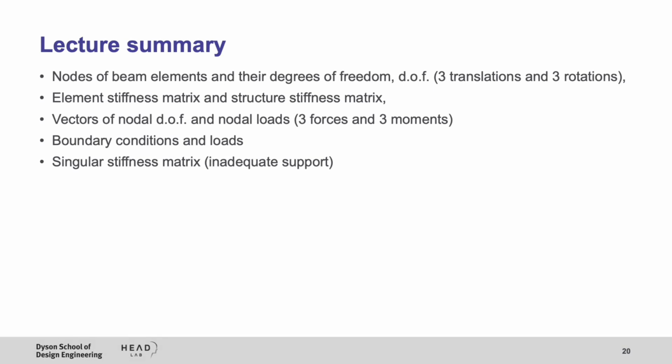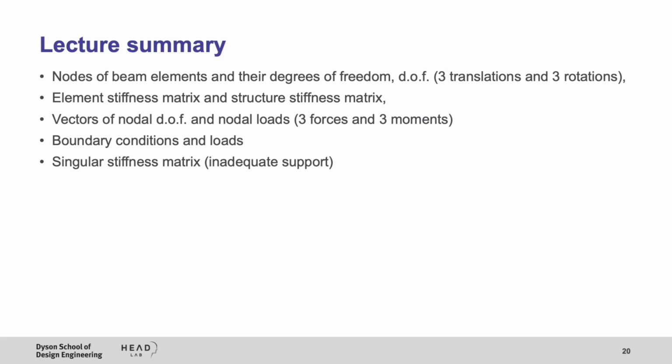In summary, we have learned about nodes of beam elements and their degrees of freedom, which are 3 translations and 3 rotations. We have learned about element stiffness matrix and structure stiffness matrix in the beam elements context, vector of nodal degrees of freedom and nodal loads, 3 forces and 3 moments go into the nodal loads vector.